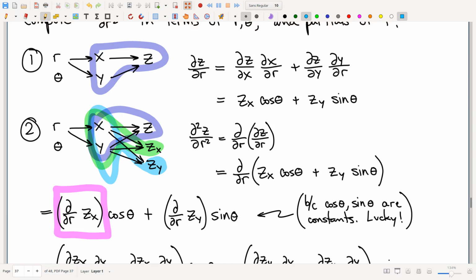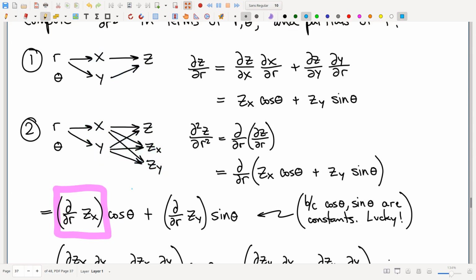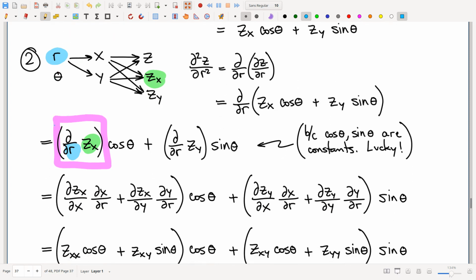Okay. So now, how do I make sense of the partial of zx with respect to r? How do I make sense out of that partial derivative? Well, I have two paths. There's the x path through the x intermediate variable, giving rise to the x term.